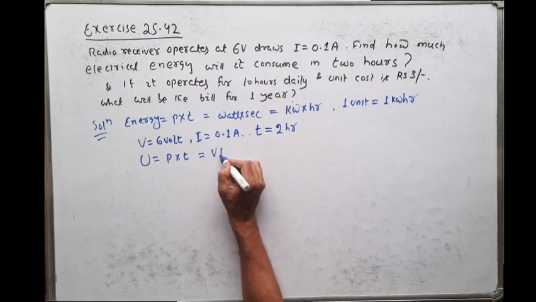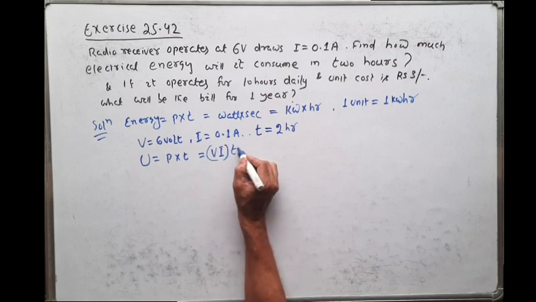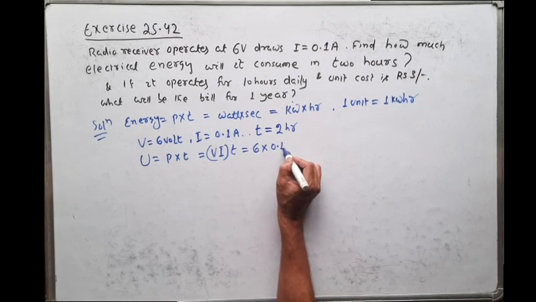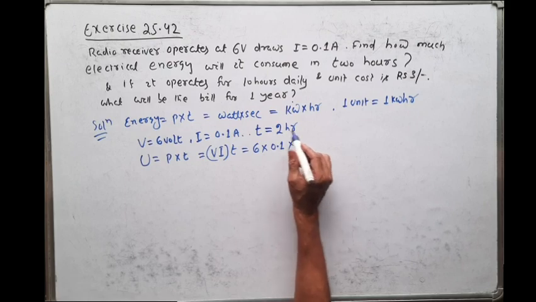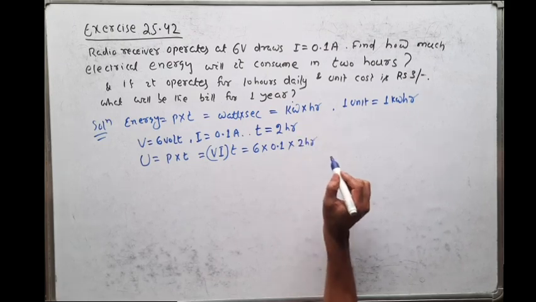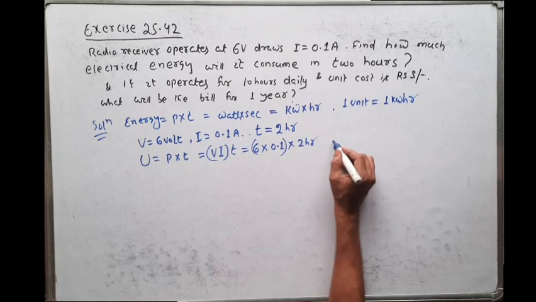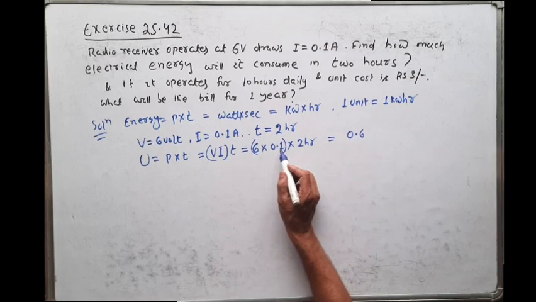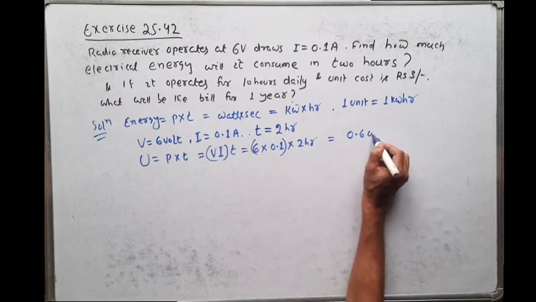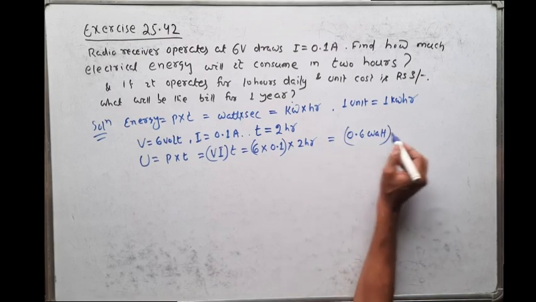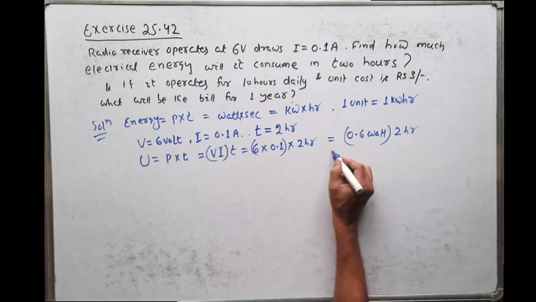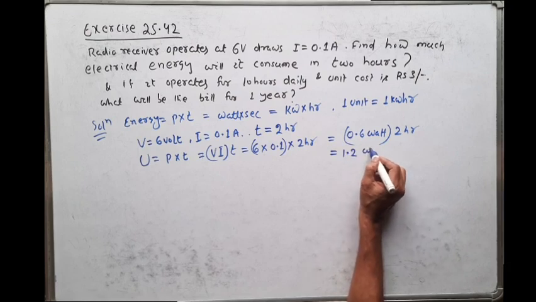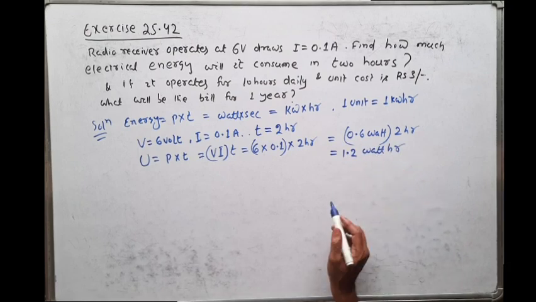Power is nothing but V into I into time. So here voltage is 6 volt, current is 0.1 ampere, time is 2 hour. So 6 into 0.1 is 0.6, which is volt ampere, that is watt, into 2 hour. So 0.6 into 2 is 1.2 watt hour.